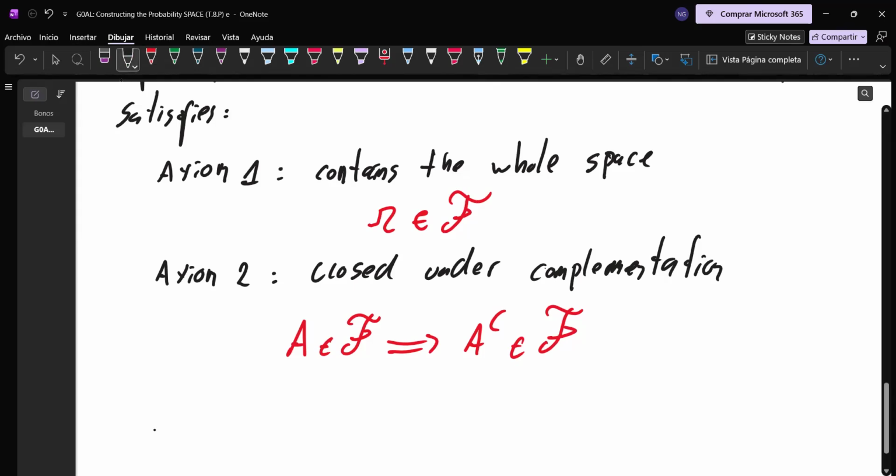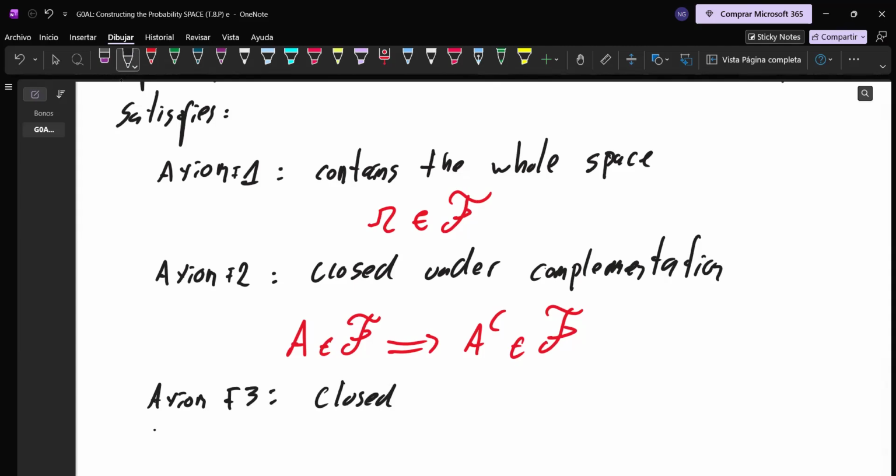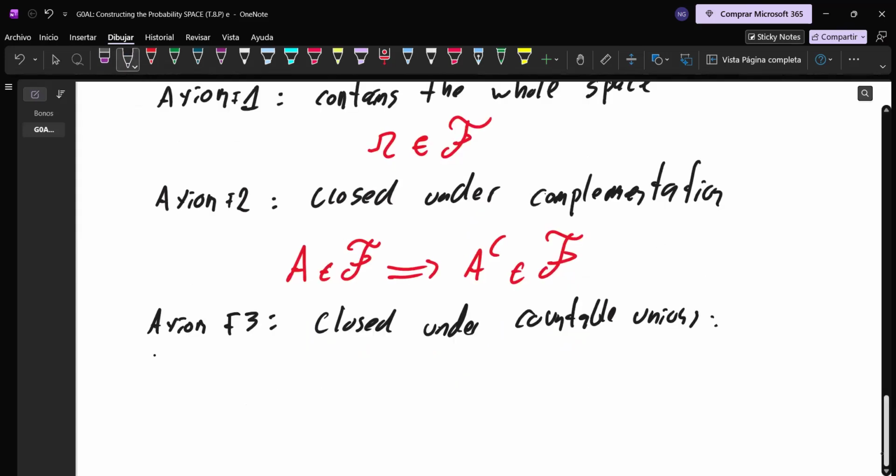And this is axiom 3. It is closed under countable unions. What does that mean?